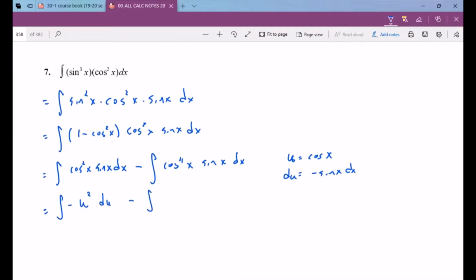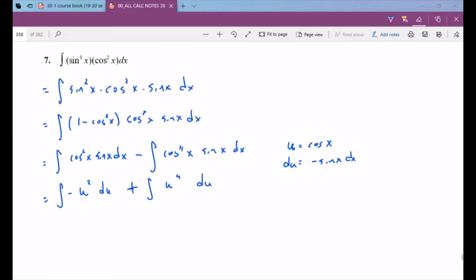Minus the integral of u to the 4 times du. But our sign changes because du is negative sine x, so let's change this to plus. So this ends up being equal to negative u cubed over 3 plus u to the 5 over 5.